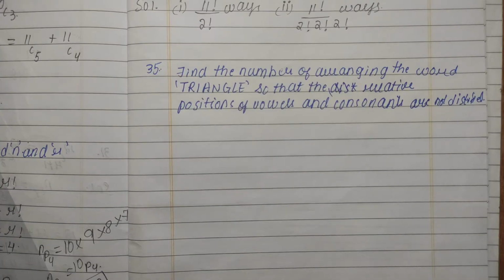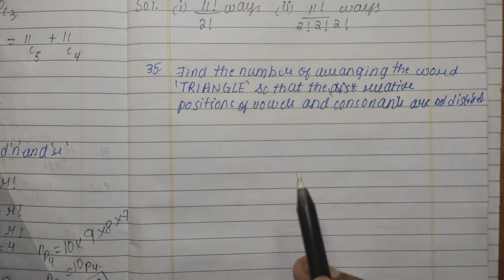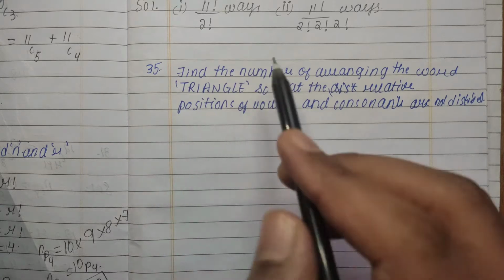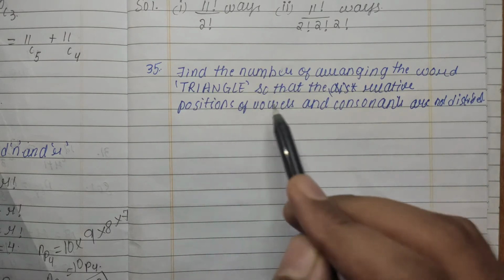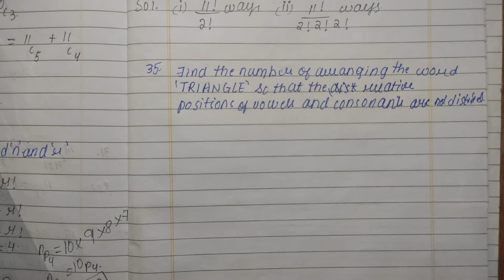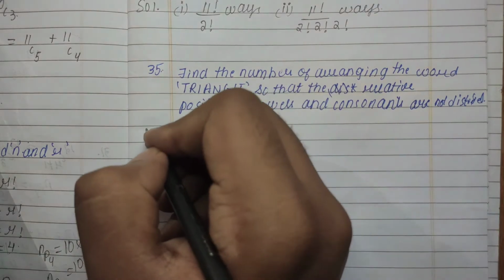So coming to the next question, it is given that find the number of ways of arranging the word triangle so that the relative positions of vowels and consonants are not disturbed. Solution.